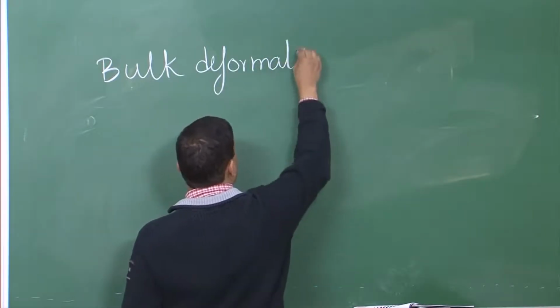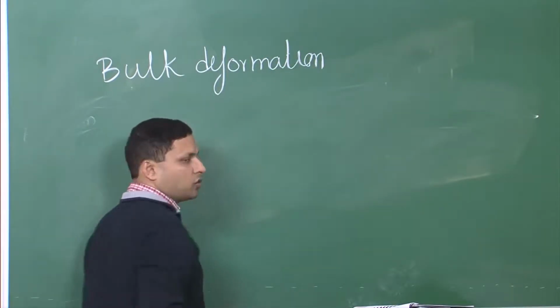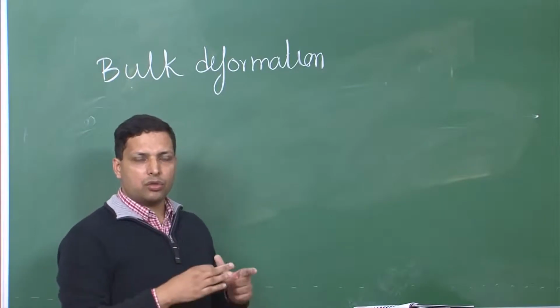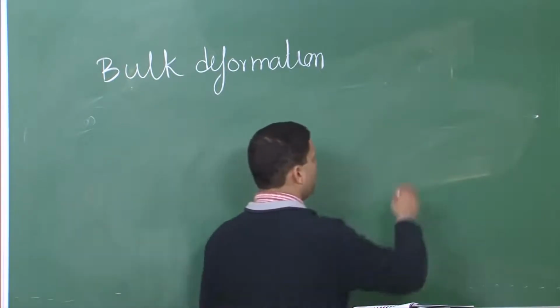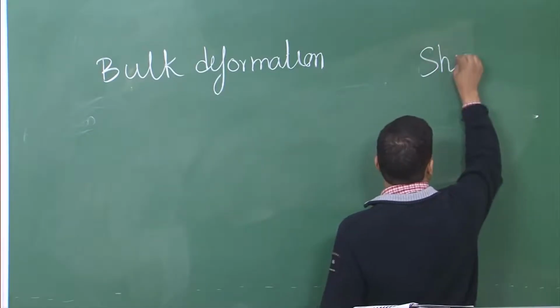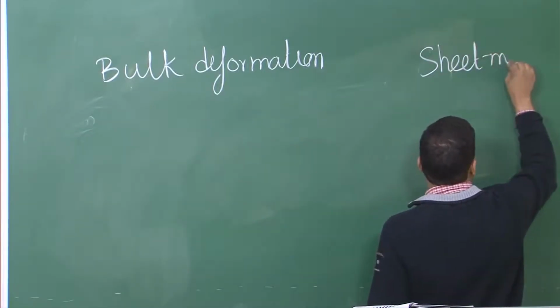And the other one is when the purpose is not to give any shape, but just to change the configuration, like in sheet metal. So, these are called sheet metal working.